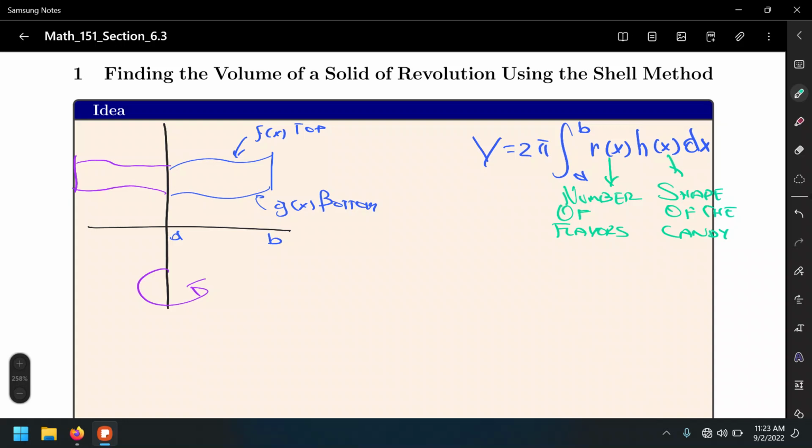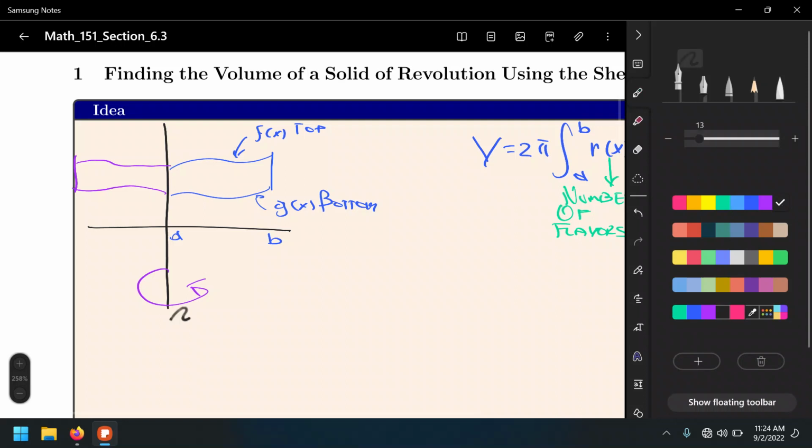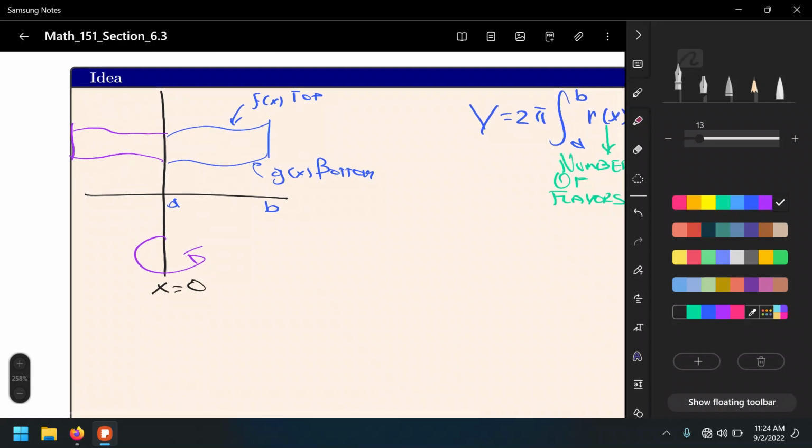The part that might be weird for a while will be the r, because r is the number of flavors, which is x, minus the position of the axis of rotation. But number one, what is this axis of rotation? x equals 0, right? And it will make more sense when we do these rotations about other axes of rotation that are not the x-axis or the y-axis.